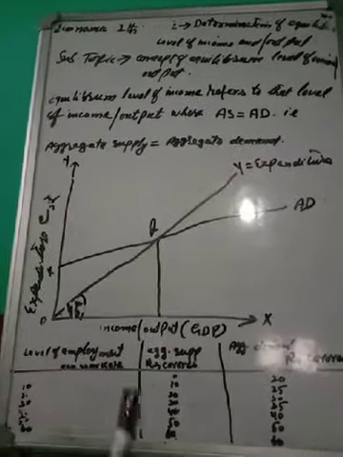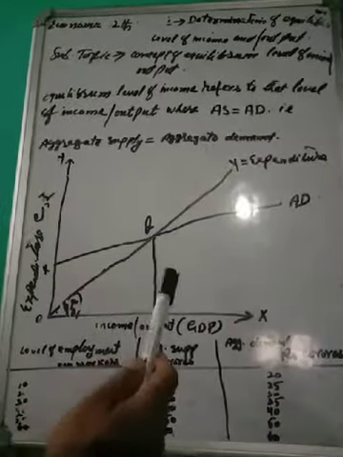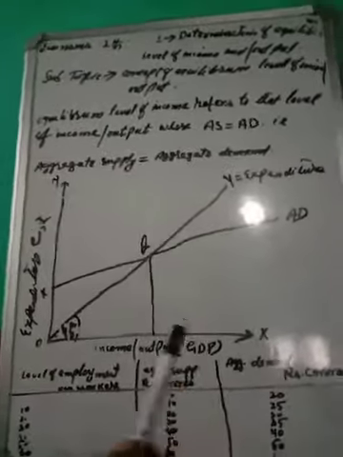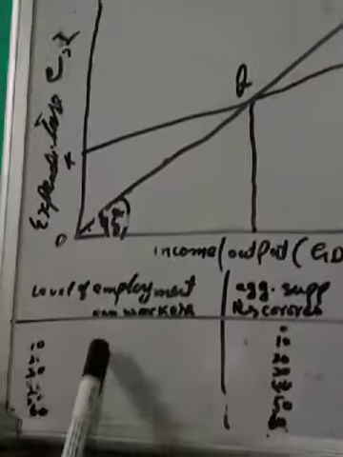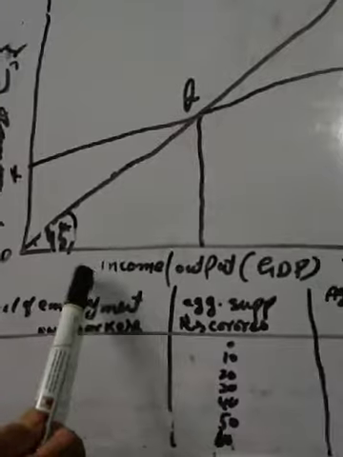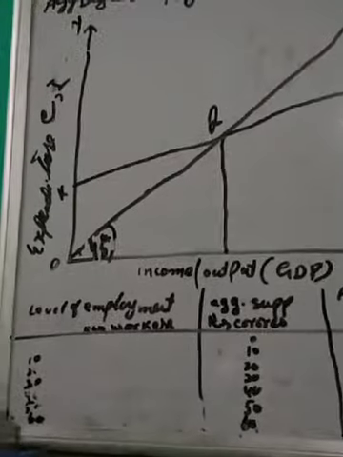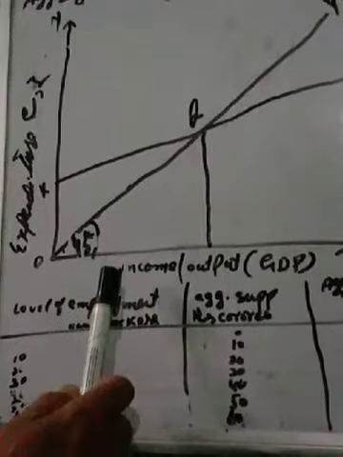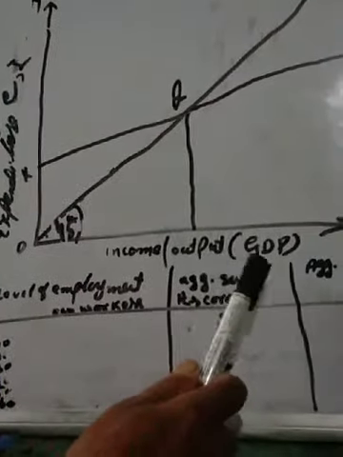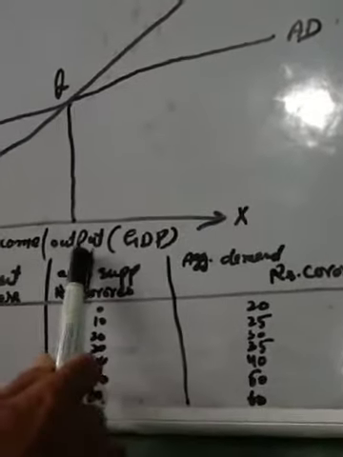Here we have taken the level of employment, in thousands of workers, and the second column is output GDP, aggregate supply in rupees crores, and this is aggregate demand in rupees crores.